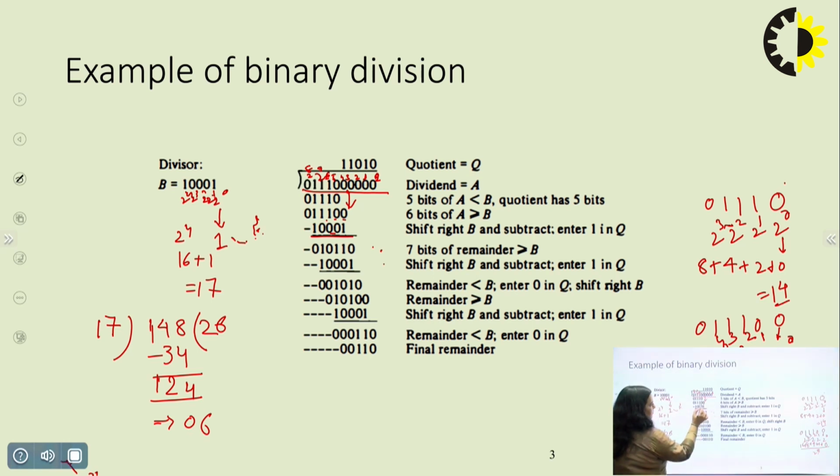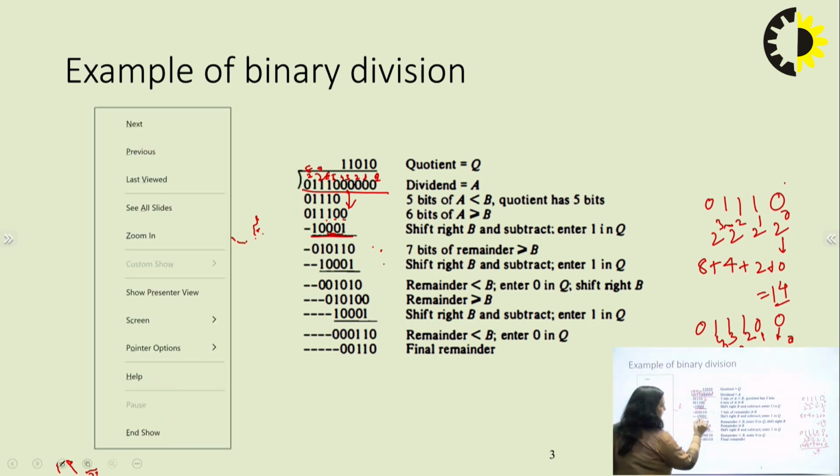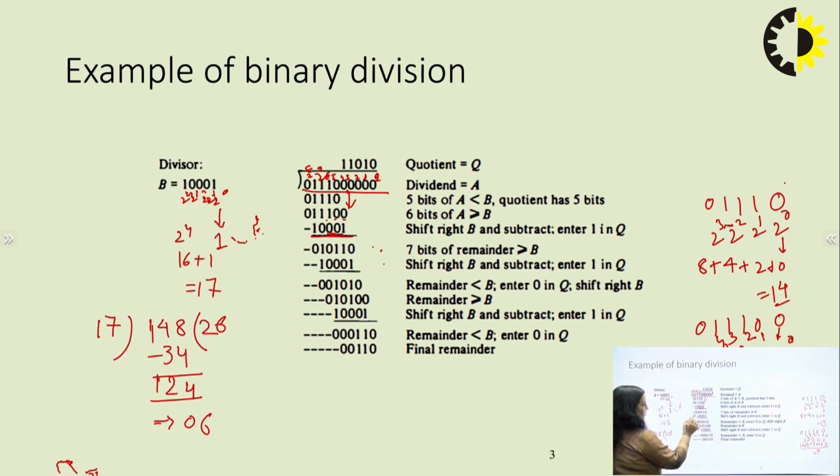Now 1 0 0 is 4 and the subtraction part is 0 0 1 which is 1. So 4 minus 1 is 3. So we will write here 1 1 0. Next is 1 minus 0 which is 1, and 1 minus 1 is 0. Now we will again check this remainder. This is called the partial remainder.